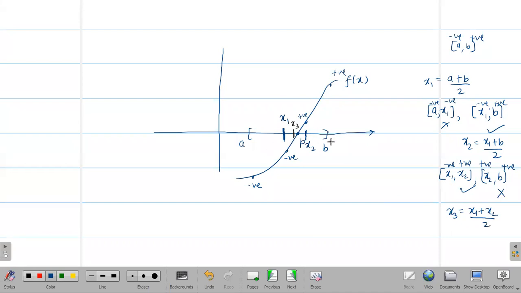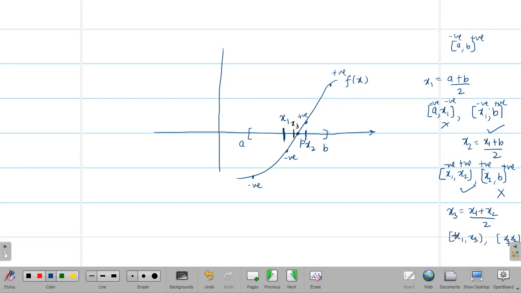From the figure you can see, initially we have the interval AB, then x1 as the first iteration, x2 as the second iteration, x3 as the third iteration, and our exact value is p here. So your iterations are converging to that exact root. If I take x3, then again I take x1 x3, then x3 x2.